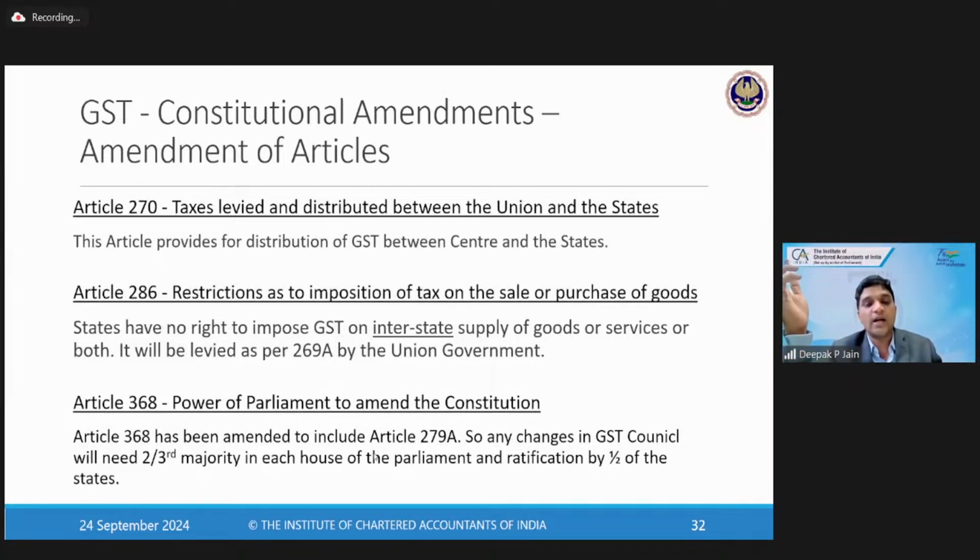Only then can you make any amendment to Article 279.